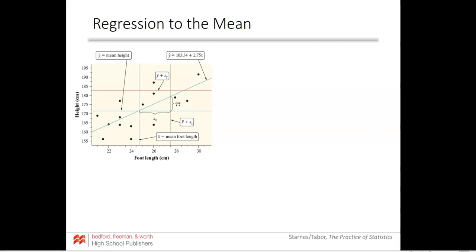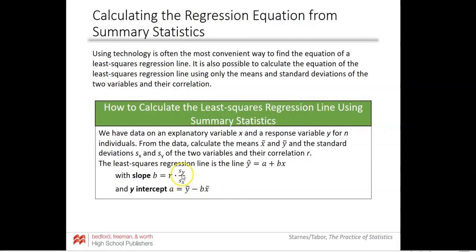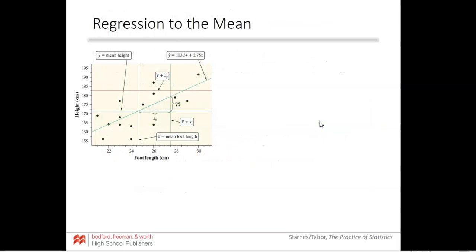One of the reasons why these formulas work, and they have these weird terms, like do you see that y bar and x bar? Those are the average x and average y. One of the reasons that formula works is because of that point. If you look at that vertical line there, the x bar, the mean foot length in this case, and that y bar, the mean height, you notice that the regression line, the green line, goes right through the mean x and the mean y.